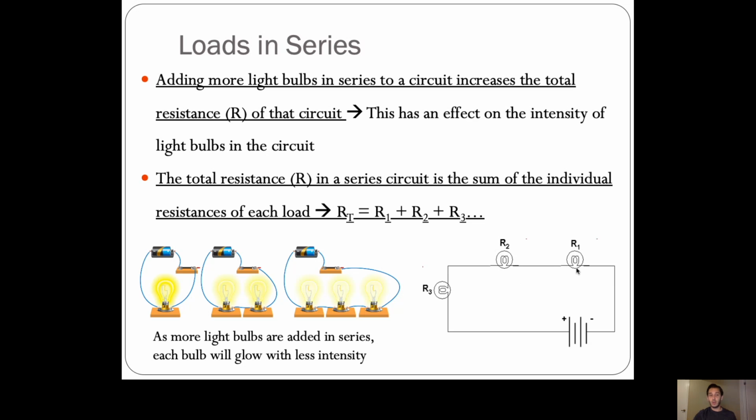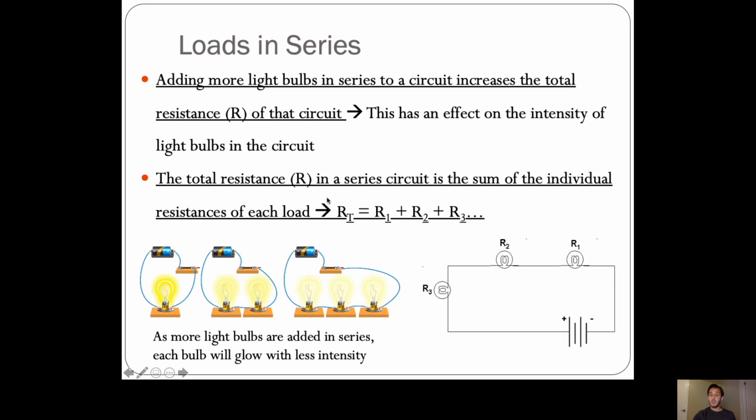Okay. And so if we look at this diagram, we have 1 light bulb. It's glowing pretty bright. We add 2 light bulbs. Well, the brightness kind of diminishes a little bit. Oh, we add 3 light bulbs. Well, what happens there? Well, it diminishes even more. Okay. And why? Because each time we add a load, we're increasing the resistance of the circuit, and we're increasing the amount of work that has to be done to pass that charge through the wire.